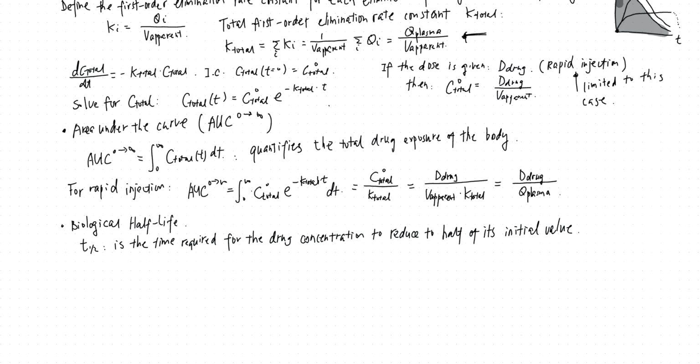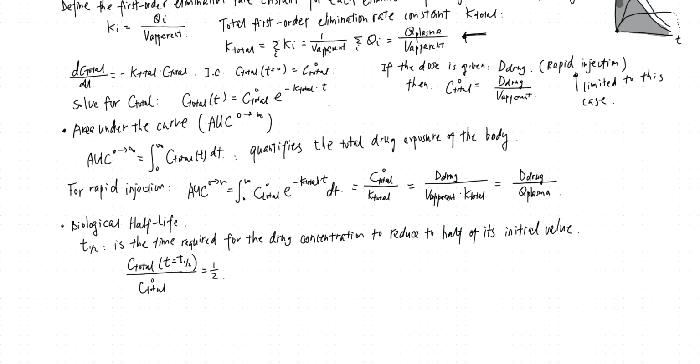Basically, it says C total at time T1/2 divided by C total not, when T is evaluated at this, gives you 1/2.